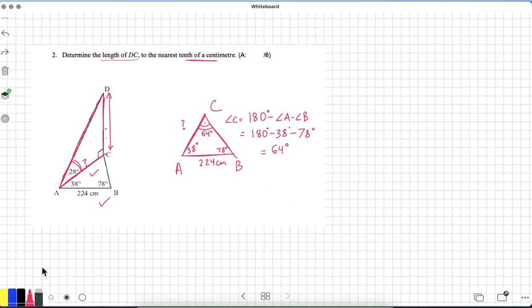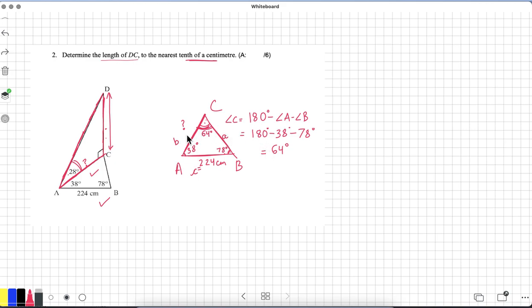Now remember, if this is the angle C, opposite to that is the side C, so we use the lowercase c. If this is the angle B, opposite is the side B. If this is the angle A, the opposite is side A.